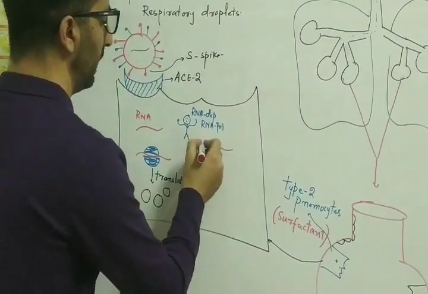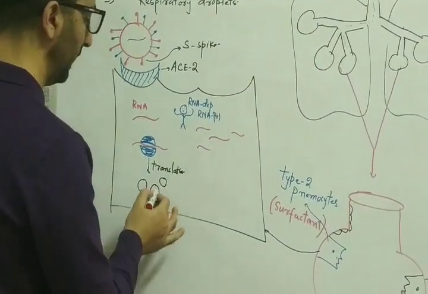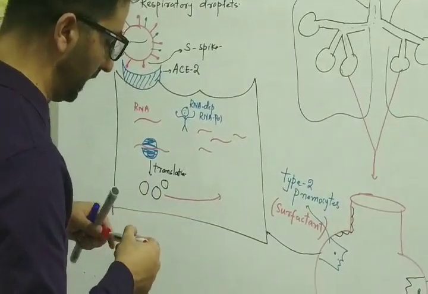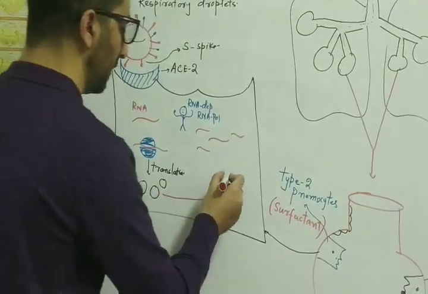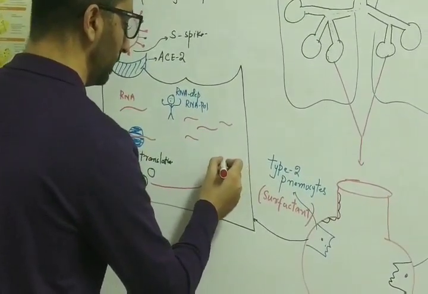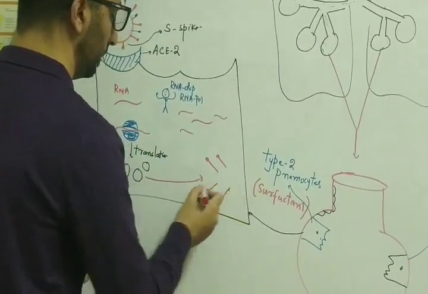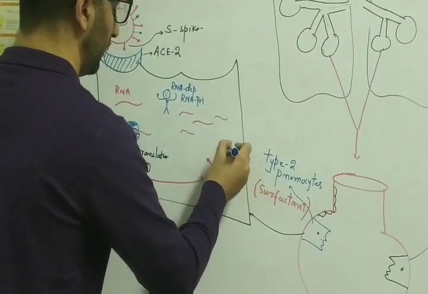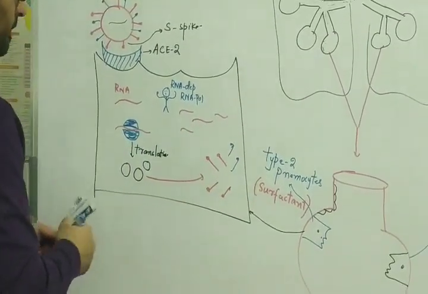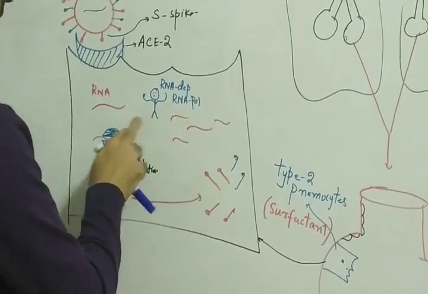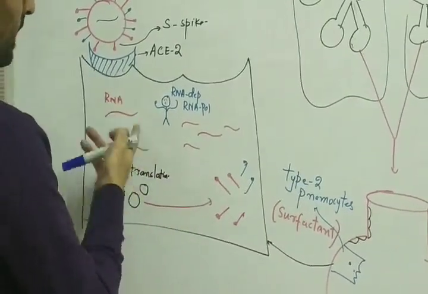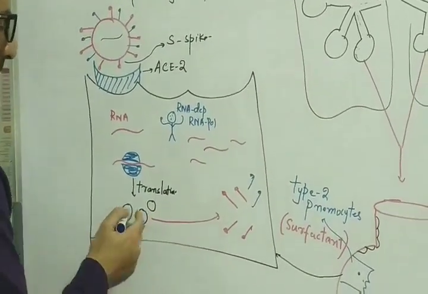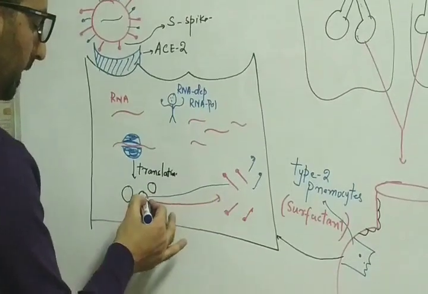There is formation of many copies of RNA, and there are these proteins, and there are also these spikes present here within this. I will make these spikes here also. When the many RNA copies are formed by the RNA-dependent RNA polymerase enzyme, together with these protein molecules, these all get inside this.